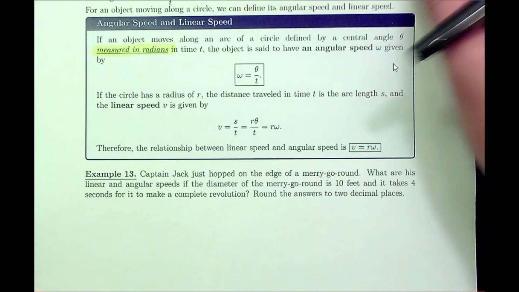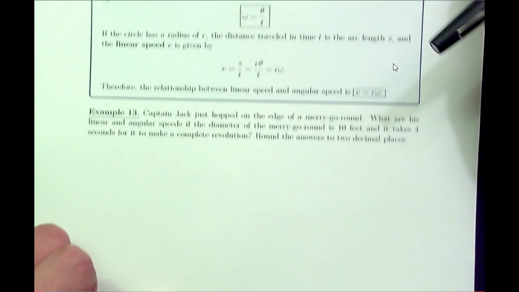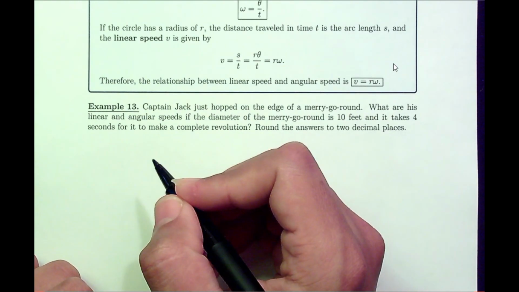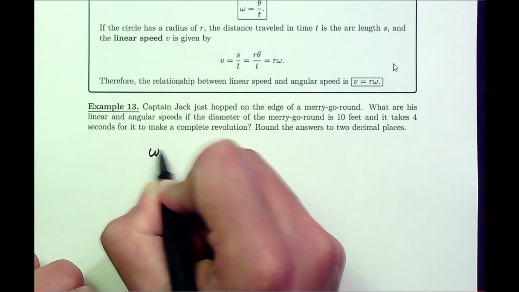Okay, let's use these formulas to do this problem. This is not hard. It says Captain Jack just hopped on the edge of a merry-go-round. What are his linear and angular speeds if the diameter of the merry-go-round is 10 feet and it takes 4 seconds for it to make a complete revolution? All right, we want to find the angular speed.